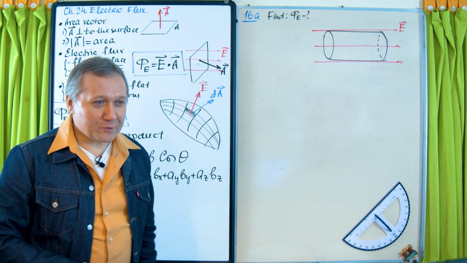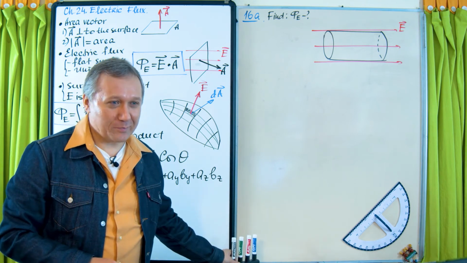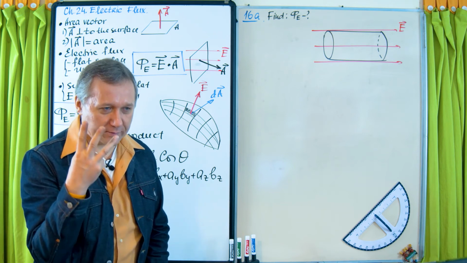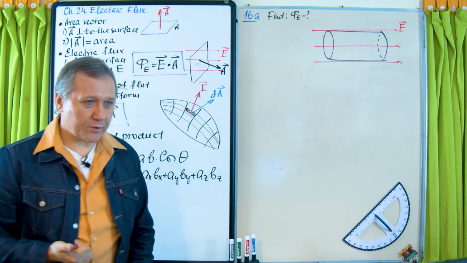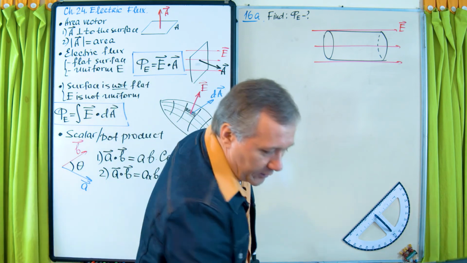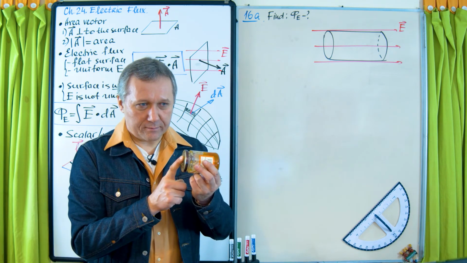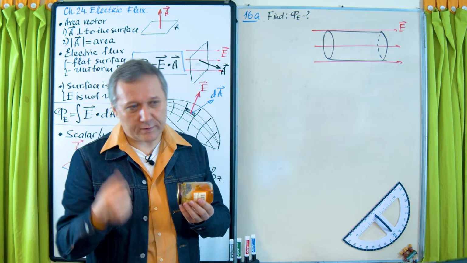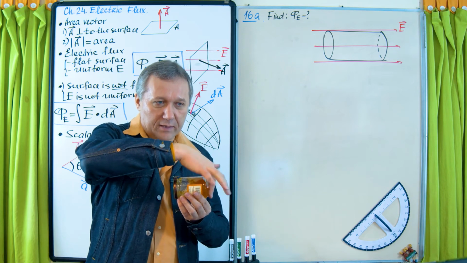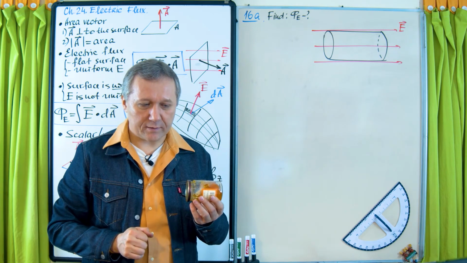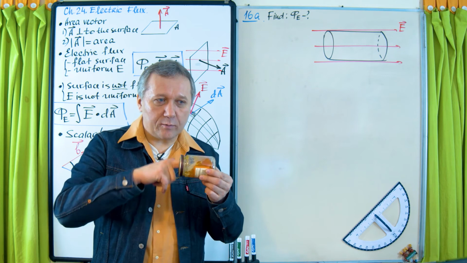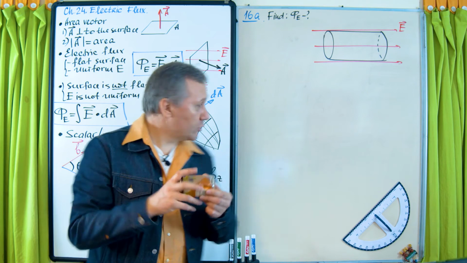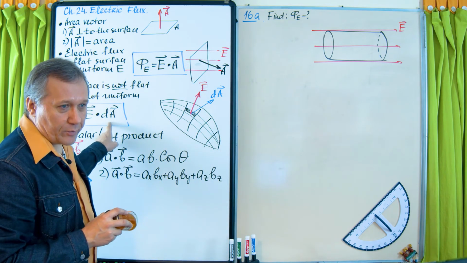All right. So what should be the first step in the problem? First of all, we need to split this surface into 3 surfaces, obviously, because it's a complicated structure. So we have 3 parts. Front facet: we can easily find the flux like we just did many times, right? Then this back facet. Again, it's a flat surface, so we should be able to find the flux. And also we have this cylindrical wall. Of course, it's not flat, so we will have to use that expression.